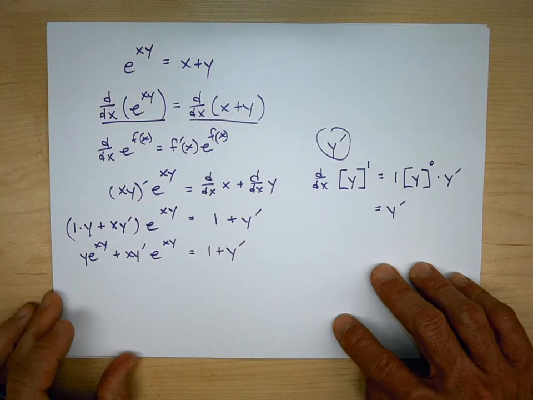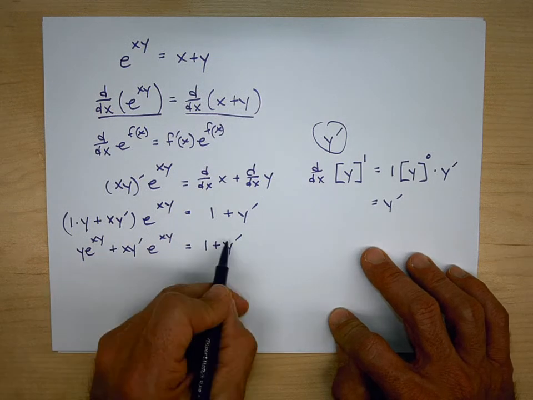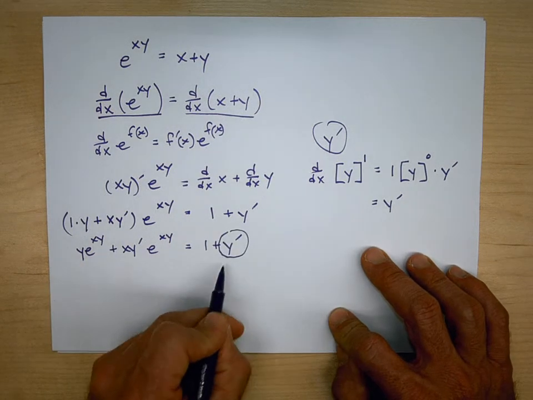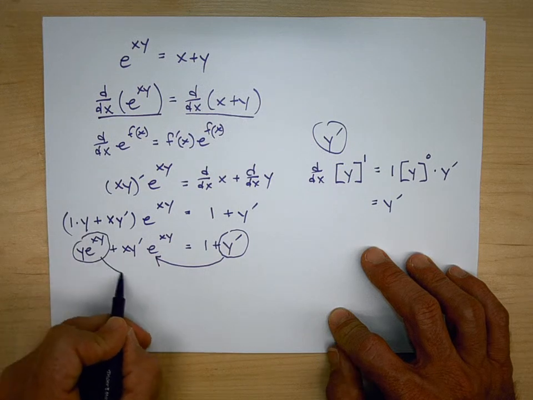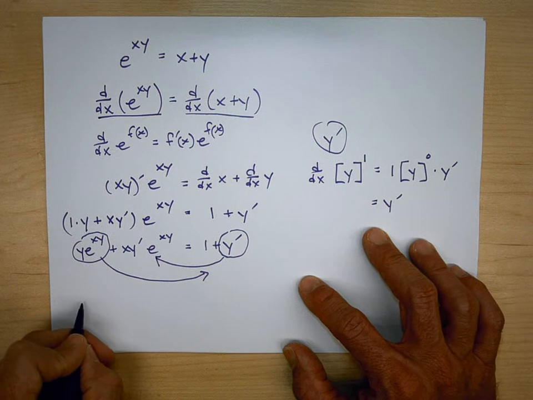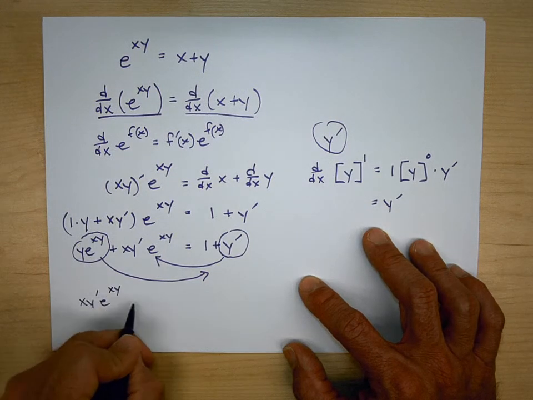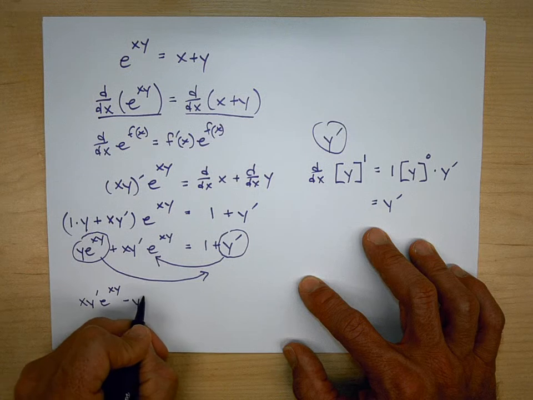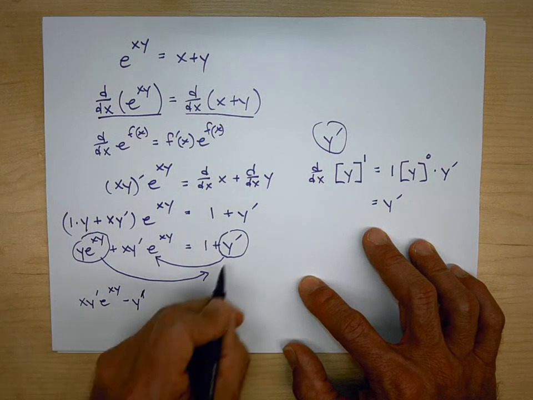Now, let's try to get everything that has a y prime in it on one side. So I will take this and bring it over here. And let's get everything that doesn't have a y prime in it onto the other side. So I will end up with x y prime e to the xy minus y prime, because I subtracted that from both sides.